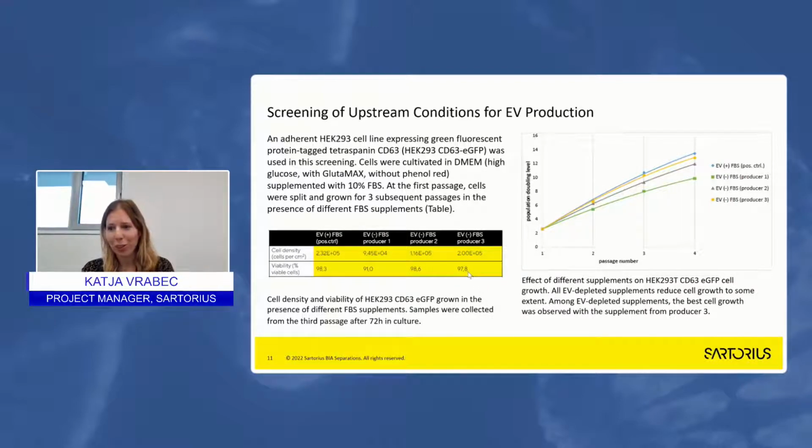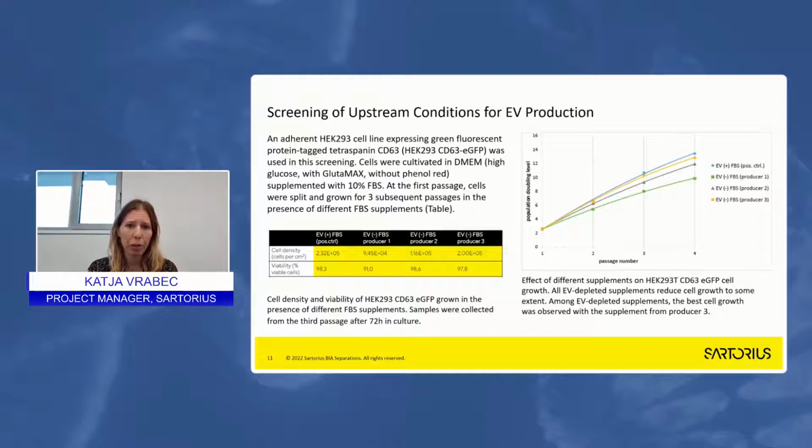Okay, so how did we prepare our EV upstreams? In this example, we used an adherent HEK293 cell line expressing green fluorescent protein tagged tetraspanin CD63. Cells were cultivated in DMEM with high glucose with GlutaMAX and without phenol red, and supplemented with 10% of FBS.